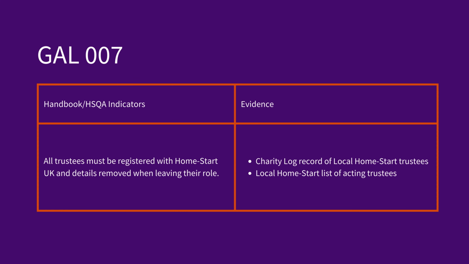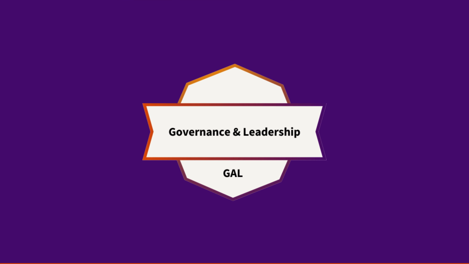GAL 007. So when you're self-assessing against this one, you would be looking at your records on At Home and making sure that your active trustees are all registered on At Home. And if they are, then you can be fully met on that one.